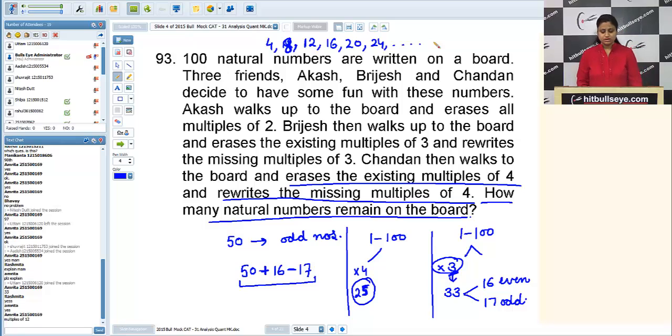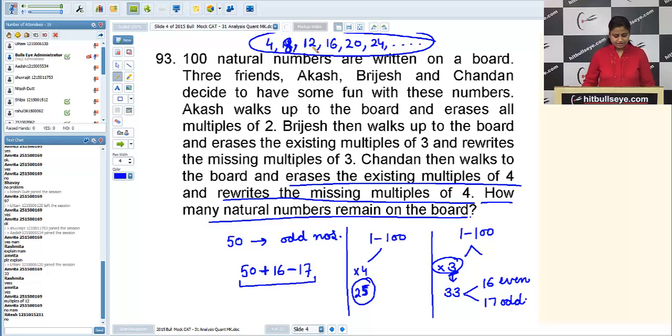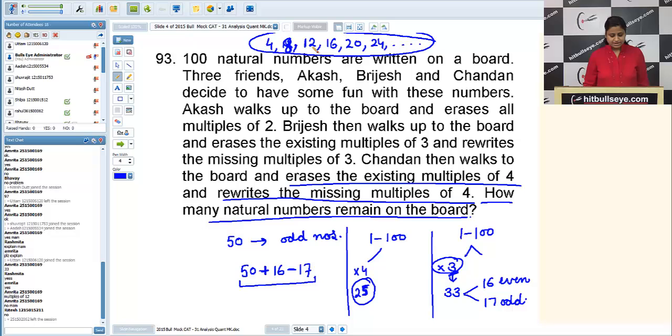Now, since all the even numbers were already out, can we say there will be no multiple of 4? Can we say this? Is it okay, all of you? But after... Yes, multiples of 12 exactly. Multiples of 12. Exactly. See, after Brijesh's turn, after the second person's turn, these many numbers are left.